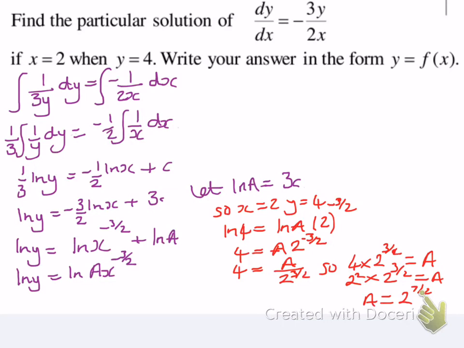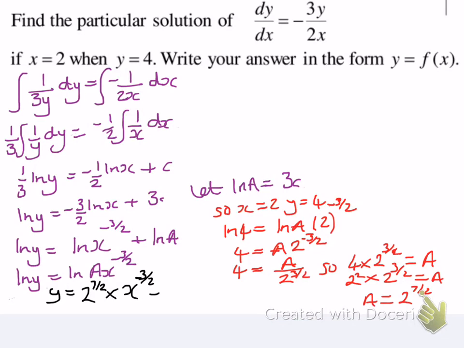Now going back, I can therefore say, now I know what a is, that y equals a, which is 2 to the 7 over 2 multiplied by x to the minus 3 over 2.